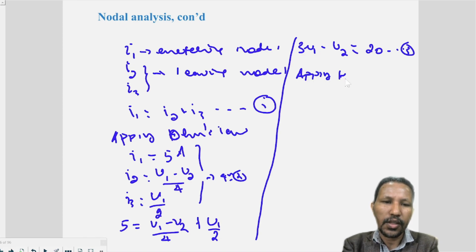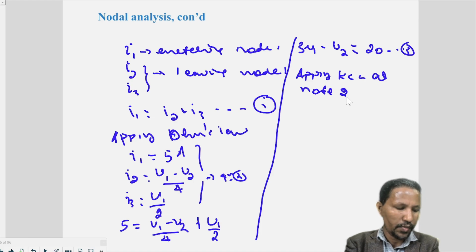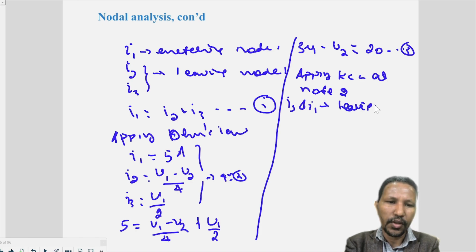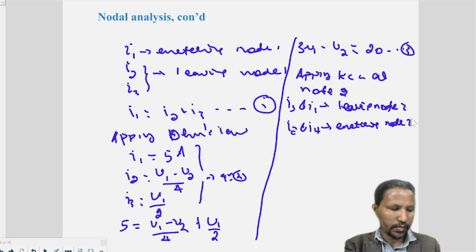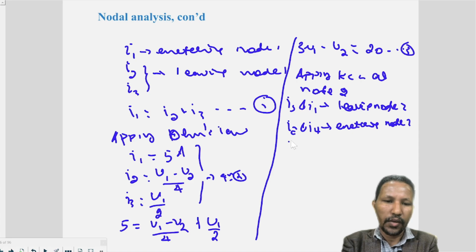Apply KCL at node 2. I5 and I1 are leaving node 2, and I2 and I4 are entering the node. I4 is 10 ampere, and I1 is 5 ampere.